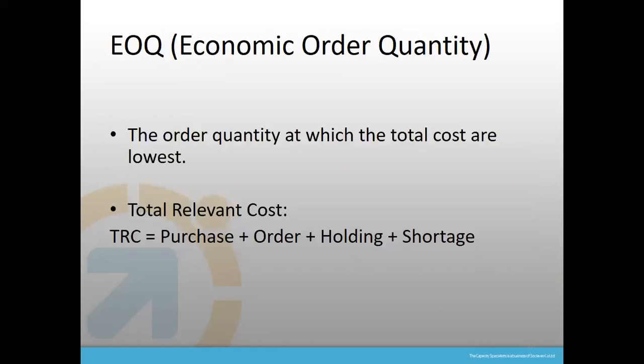So we look for the correct order quantity at which the costs are lowest. We call this the EOQ, the economic order quantity. How many should I order so that the lowest cost occurs?